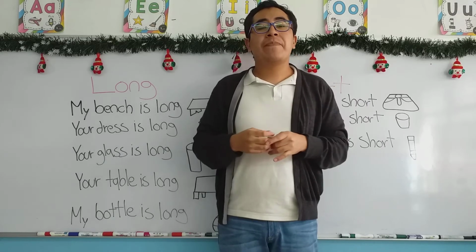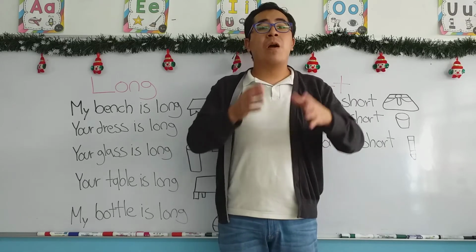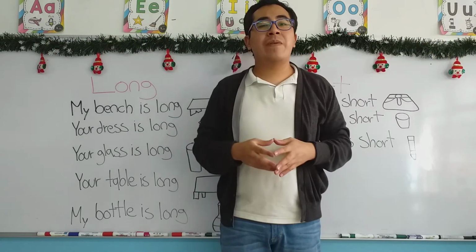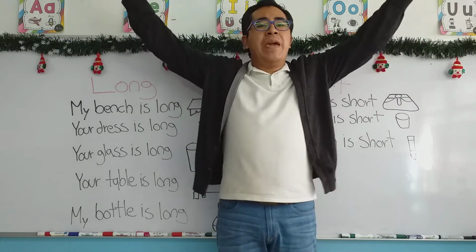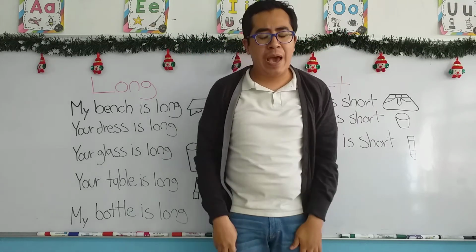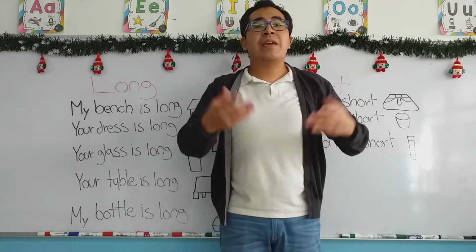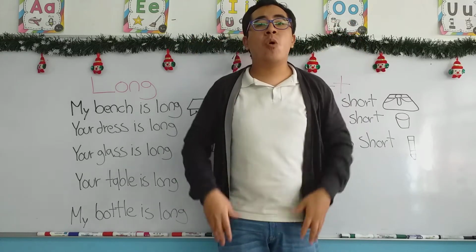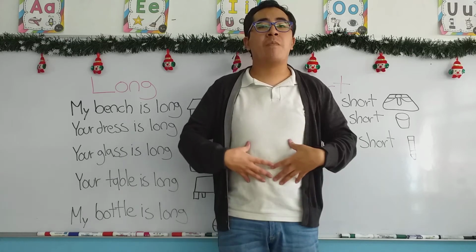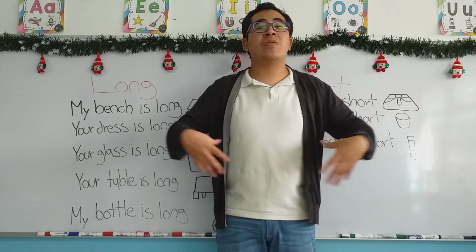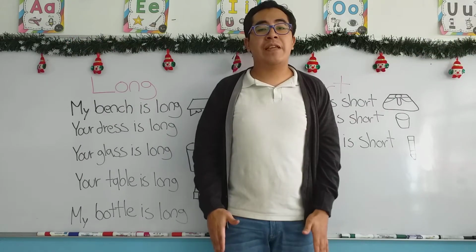So for today, the two adjectives are long and short. Recuerden que hemos trabajado con adjetivos big, small, happy, sad. Adjectives can also be used for emotions or to describe the form of a person. Okay, in this case, if the person is fat or is thin.